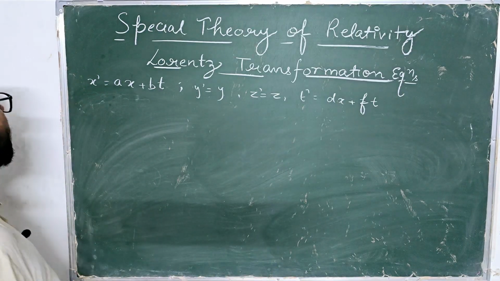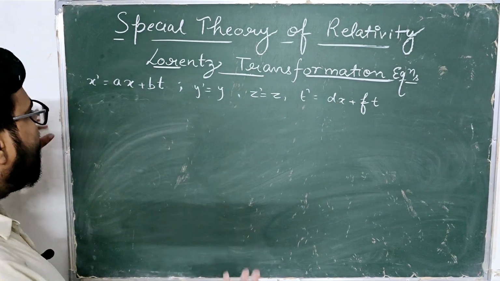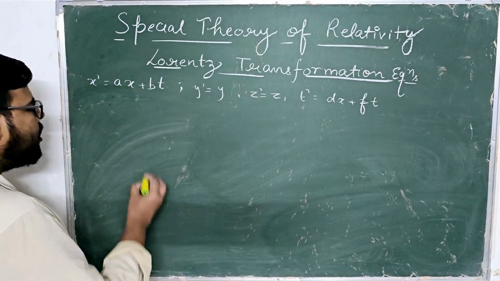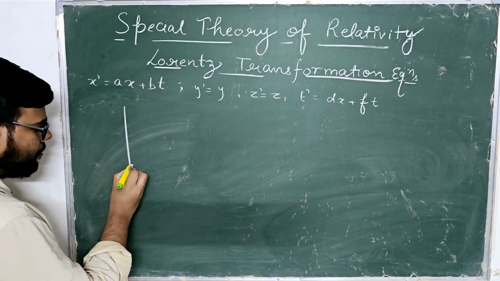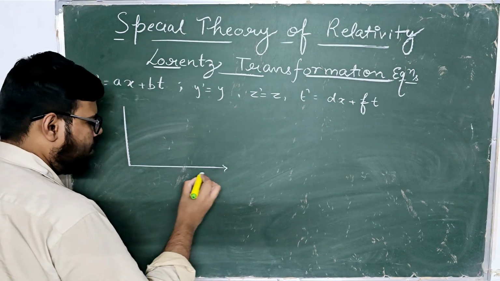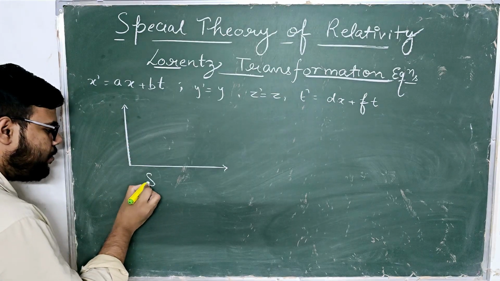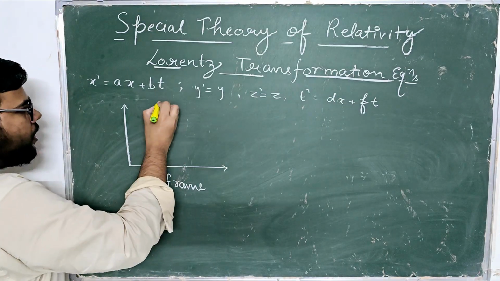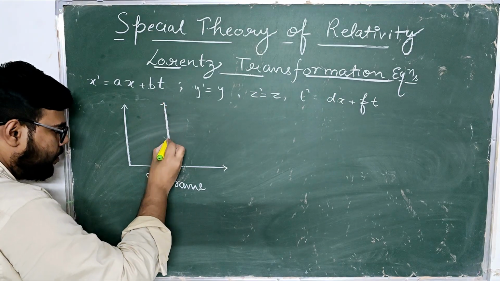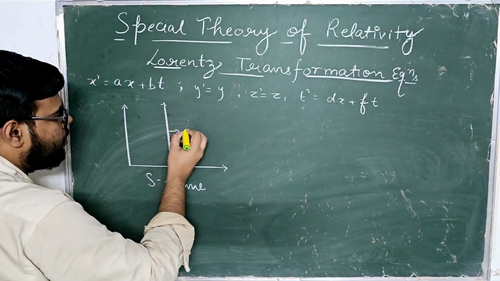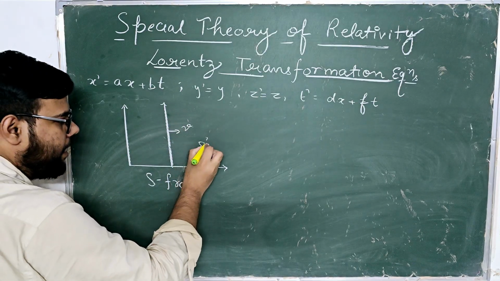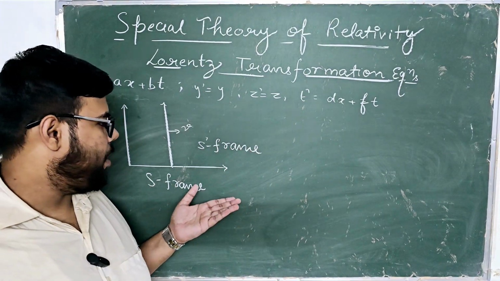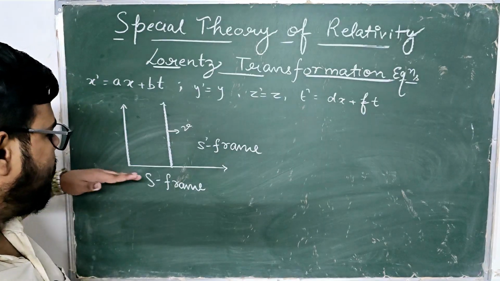Now let me solve it. But how are we going to find these four constants? Let's see. So assume there is an event, or let's assume this is your S frame, and this is the S dash frame. Of course, from lecture 1 you should know that the x and x prime axes should coincide, on the same line.